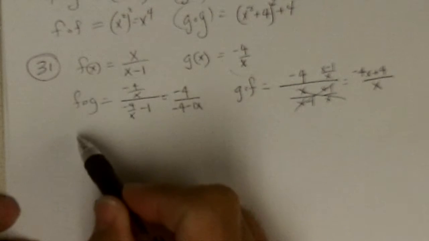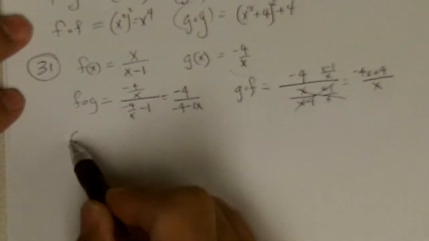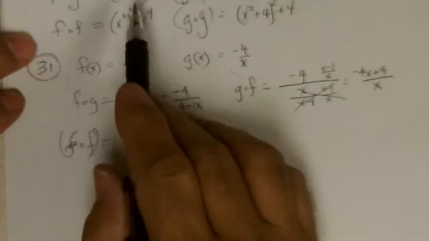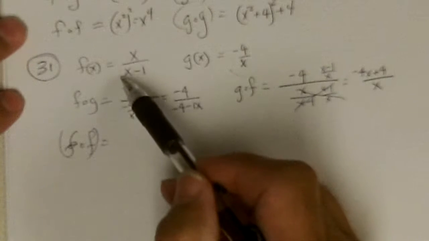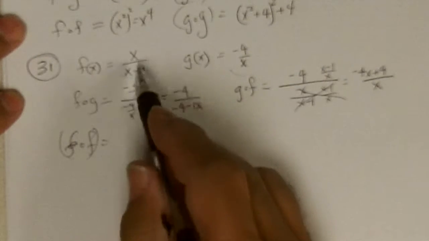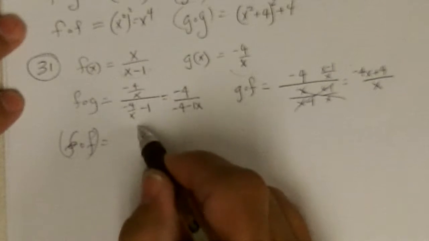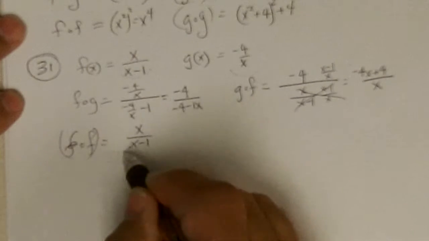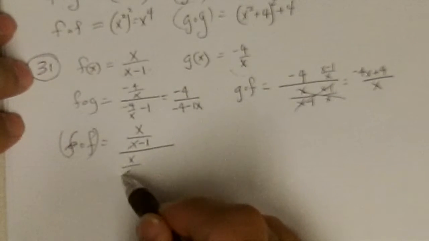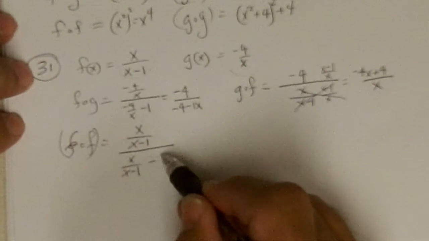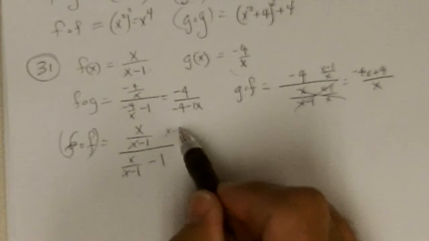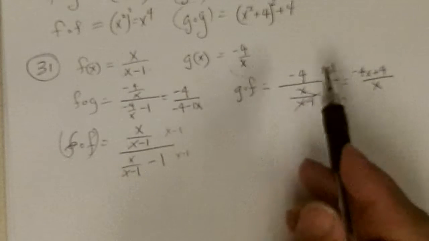Okay, and then we got to do f of f. So I got to put f, this, in place of each of the x's. So I'm going to have in place of that x, x over x minus 1, over, in place of that x, I got to put f, which is x over x minus 1 minus 1. Clean this up, I'd multiply by x minus 1 and x minus 1.